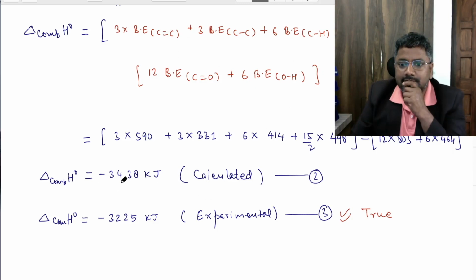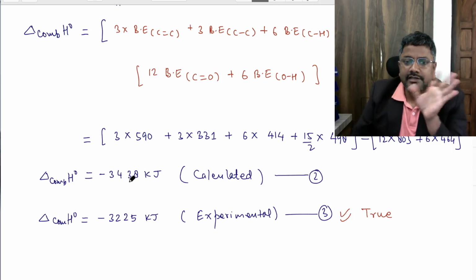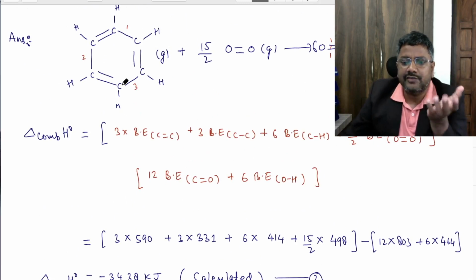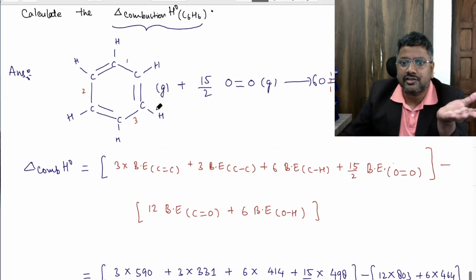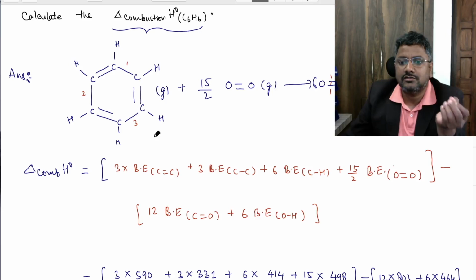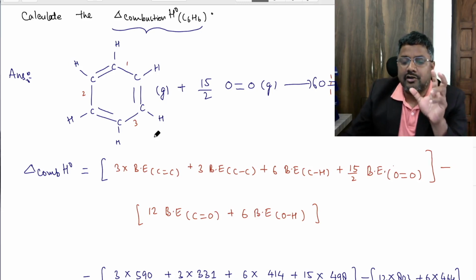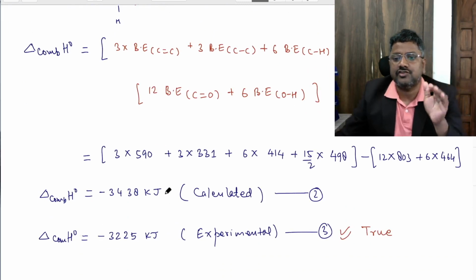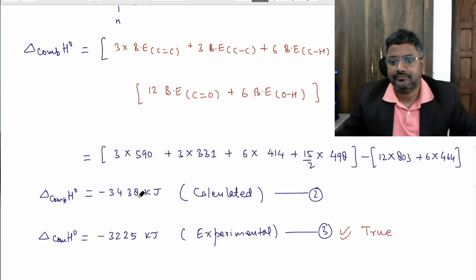It means the value we are calculating from this is not the true value. So how is it possible? This value corresponds to this structure of benzene, which means we can say that this structure of benzene is not the real benzene molecule structure. If the benzene molecule is real, then definitely the enthalpy of combustion should be this.